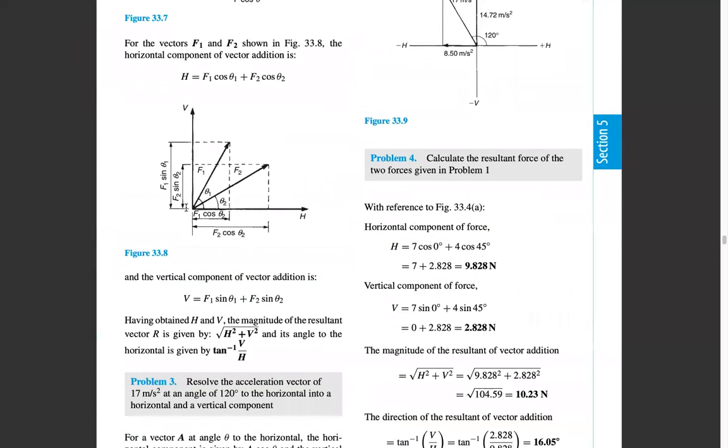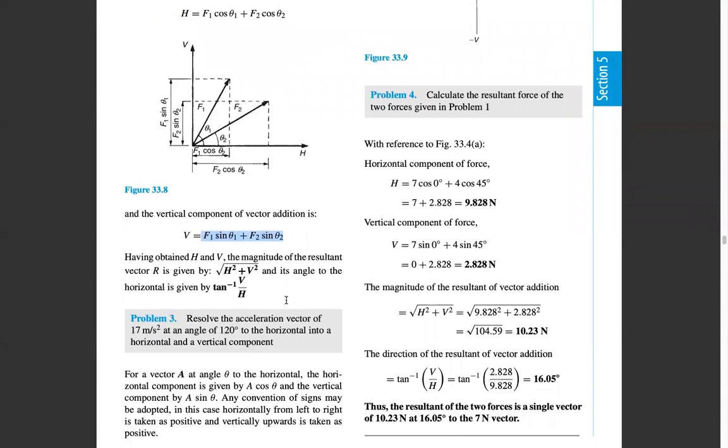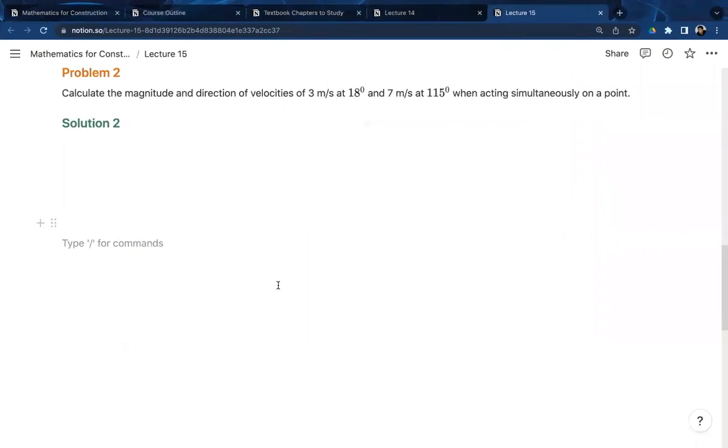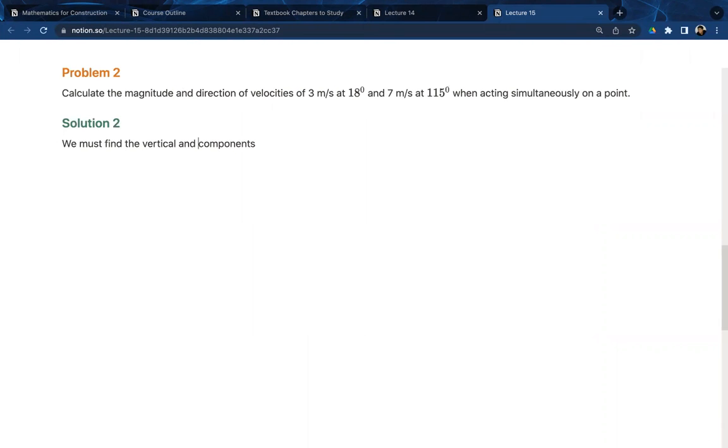If you have two forces acting at a point, you resolve vertically, you add up all the vertical components, call that V, and you add up all the horizontal components, and you call that H. So we must find the vertical components of each velocity.